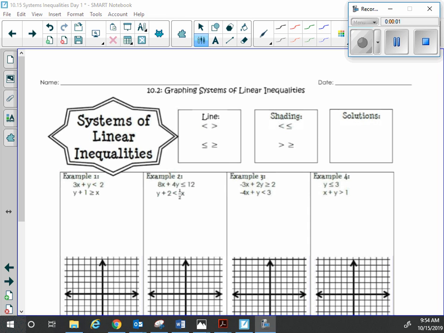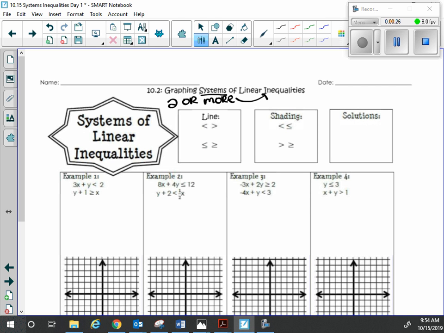A system of equations or inequalities is two or more inequalities that will share a solution set or some solutions. The same rules for just graphing one linear inequality still apply.